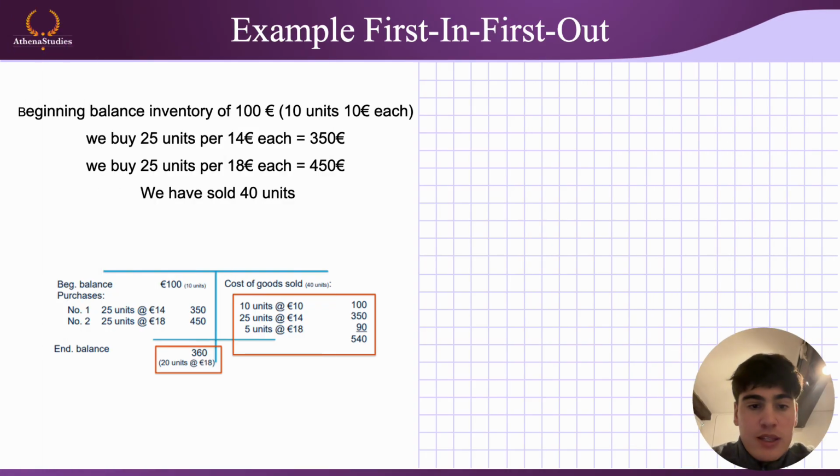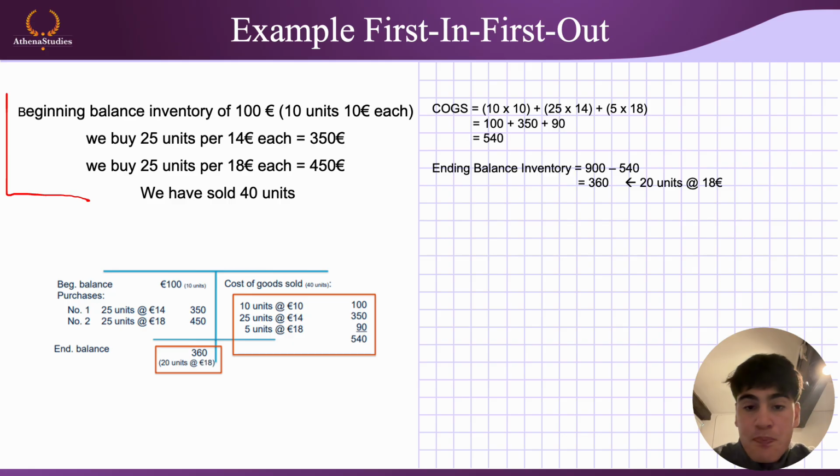So in this case, we have exactly the same as before: 60 units and 900 euros worth of inventory. However, now the only difference is the order in which we sell it.